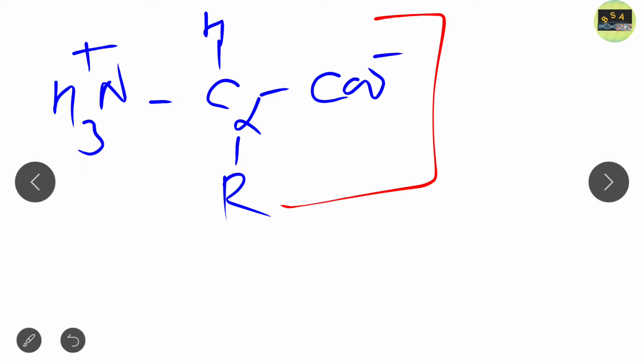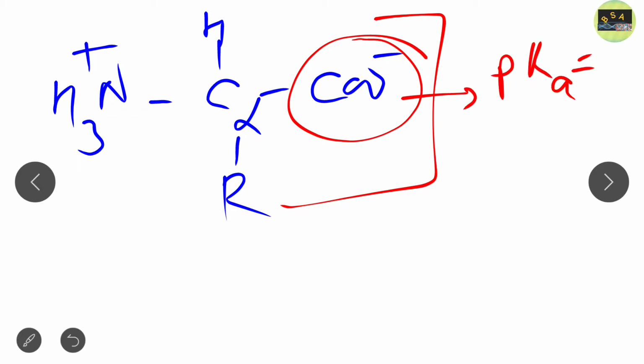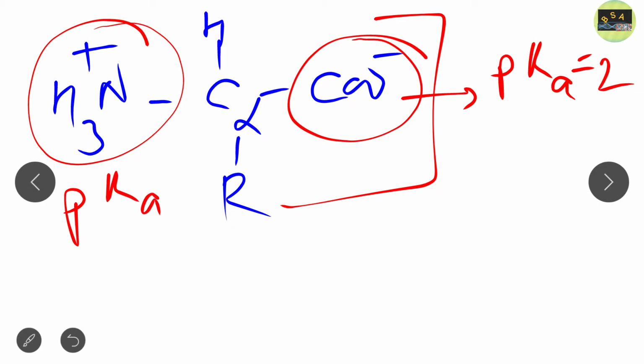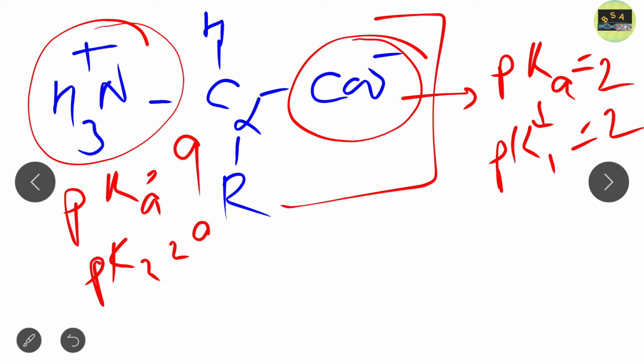This COO minus, we take as pKa2, as an average value. If you look at the average values of pK1 and pK2, in the case of amino you can take pK approx 9. So you can take pK1 as approx 2, and pK2 approx 9 for an amino acid.